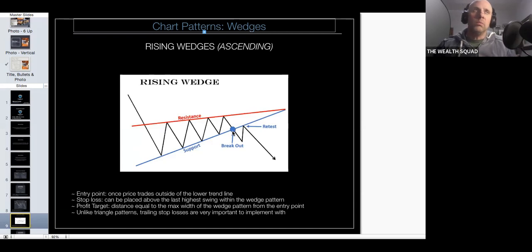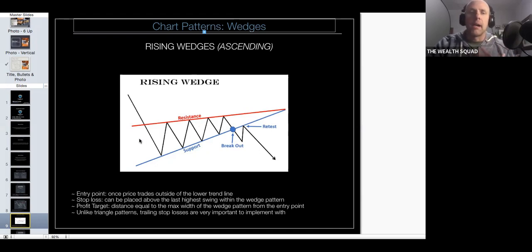Now, it's also important that you look at the retest. Usually any time there's a breakout or a breakdown, it always knocks at this door two to three different times. So that's similar to this breakout: it'll break to the downside, then retest that support resistance line, and then it'll really fall.